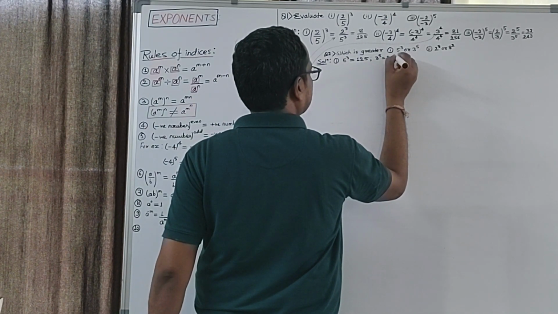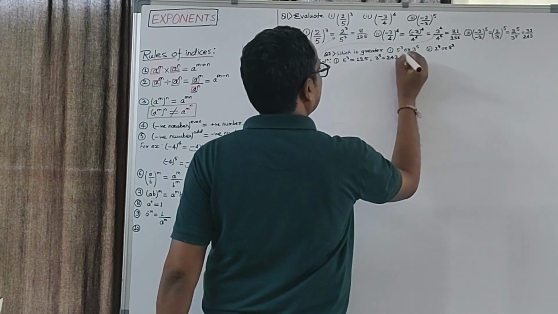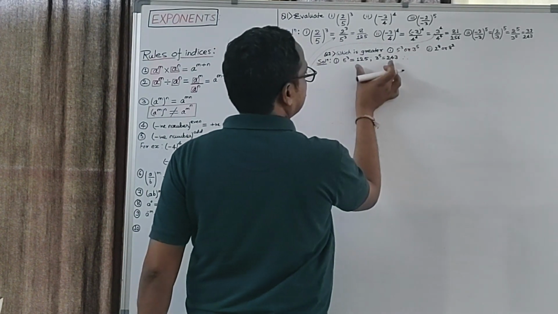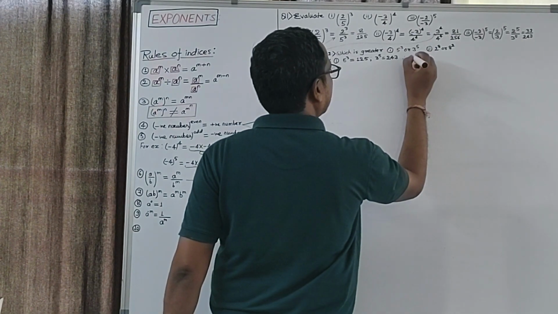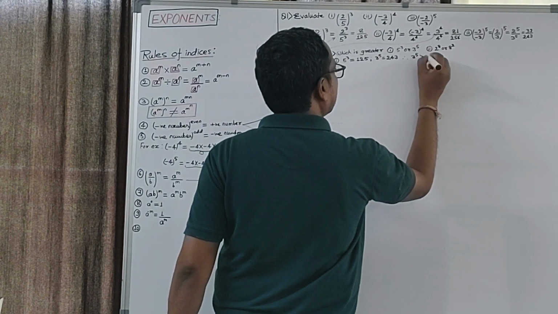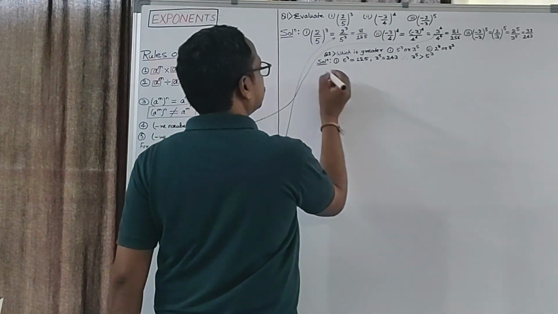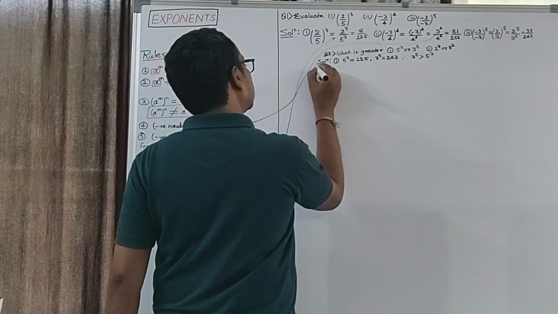So which one is greater? Therefore, 3 raised to the power 5 is greater than 5 raised to the power 3. Simple. Now we'll solve part 2.